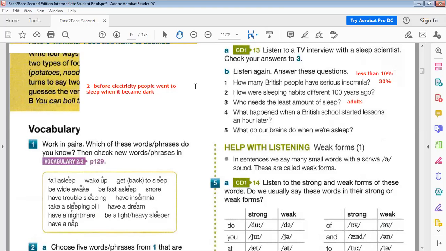You mean no difference between starting school at 9 and starting school at 10? No difference? There is a difference. What's the difference? Maybe students will come on time. Yeah. Maybe they can improve.